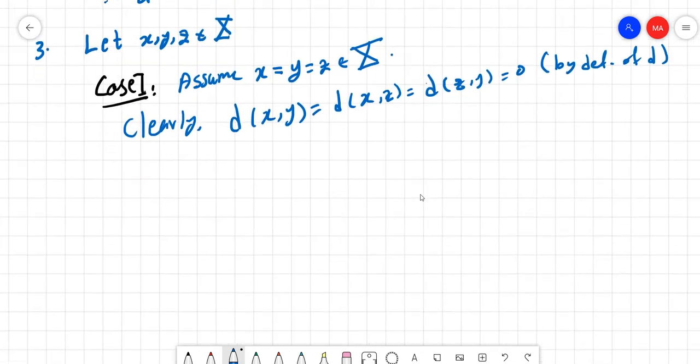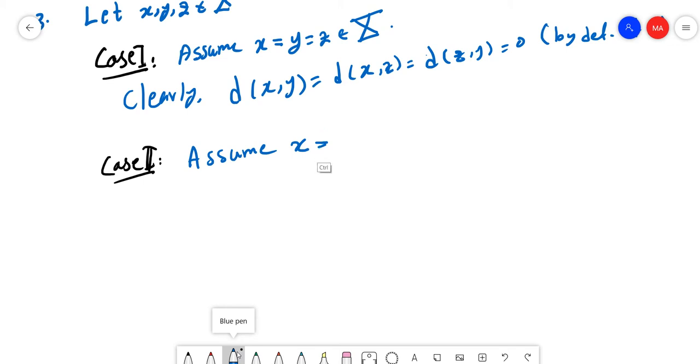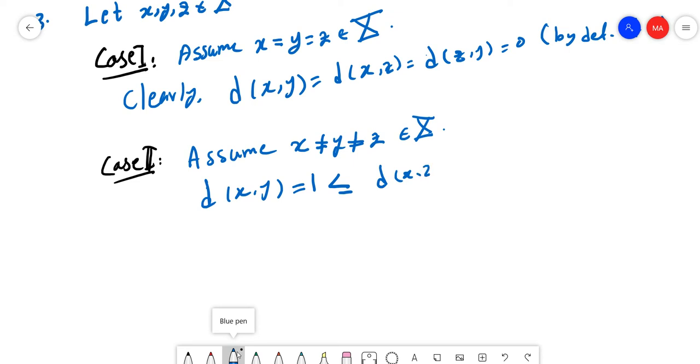Case 2. Assume x not equal to y not equal to z in X. So the distance between x and y, which is 1, is less than or equal to the distance between x and z, which is 1, plus the distance between z and y, which is also 1.